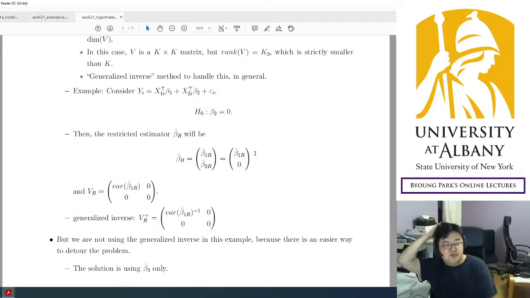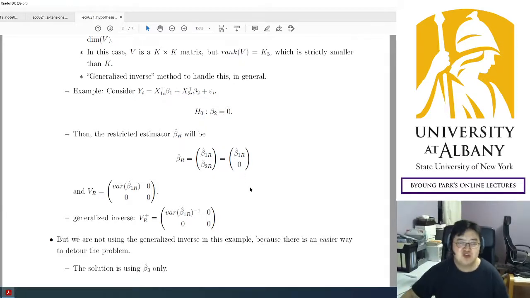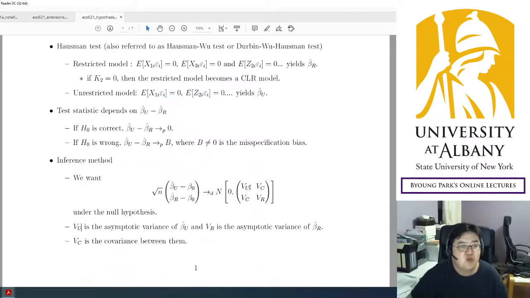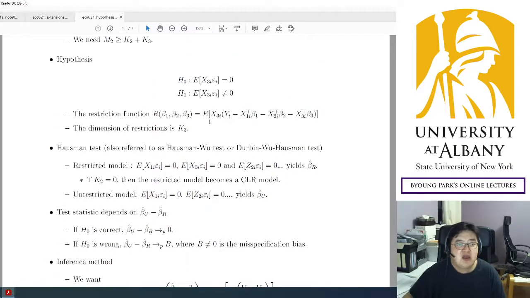And then another solution to this problem is that you can choose K3 parameters that are going to be used in the test statistic. So we know that we will be testing only K3 number of moment restrictions.